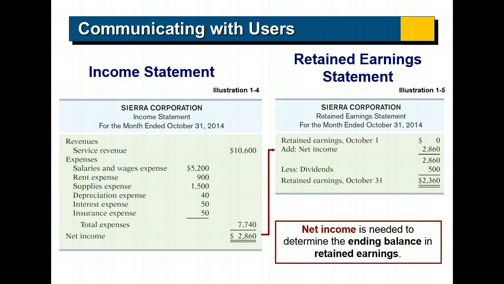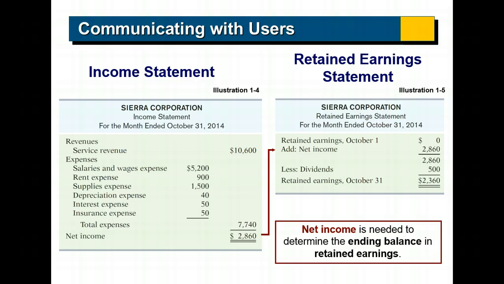So after we have recorded our revenues and our expenses, we come up with either a net income or a net loss. Now this net income or net loss then flows to another statement. It flows to the retained earnings statement. Do you see here? They're all going to be linked. And I'm showing you the income statement is the very first statement we will prepare.